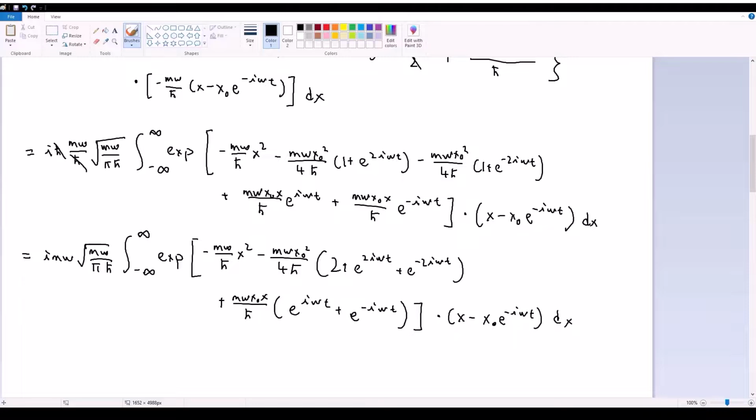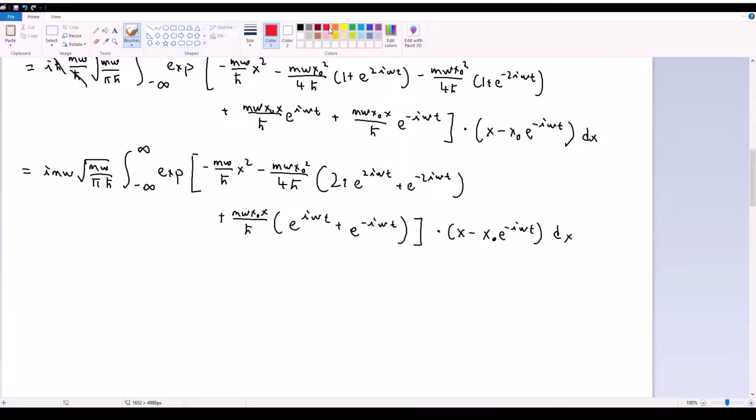If we do that, we can use the properties that sine of x is equal to e to the ix minus e to the negative ix over 2, and cosine of x is equal to e to the ix plus e to the negative ix over 2. So if we look here, we have e to the ix with x being 2 omega t, plus e to the negative ix.